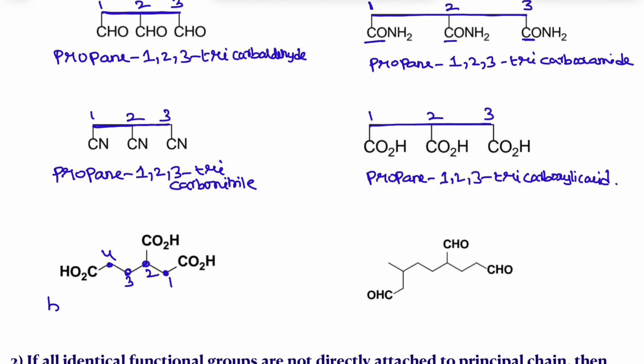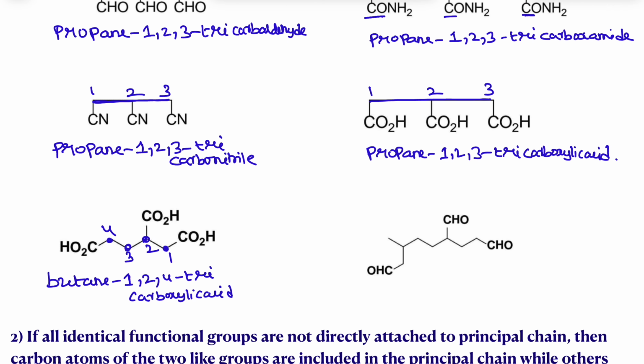So this is a 4 carbon chain, butane 1 comma 2 comma 4 tricarboxylic acid. Now first let us identify the principal carbon chain.